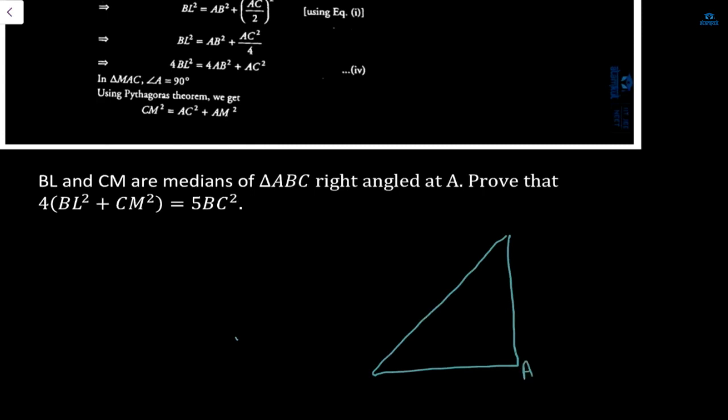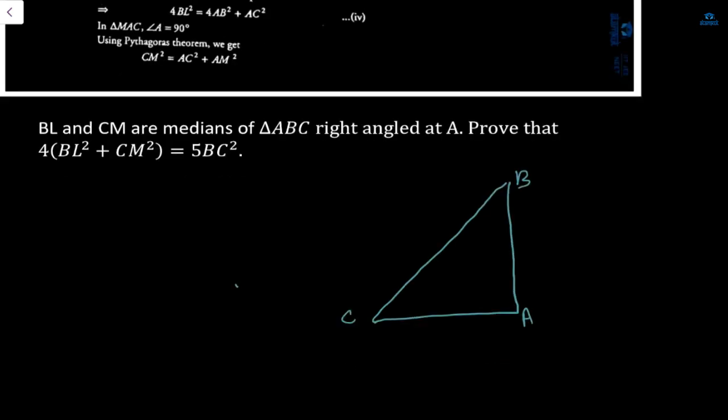One median is from B and one from C, so this one is L and this one is M. Prove that 4 in bracket BL square plus CM square is equal to 5BC square. So how are we going to do this?